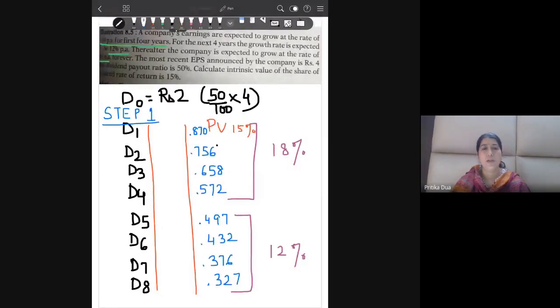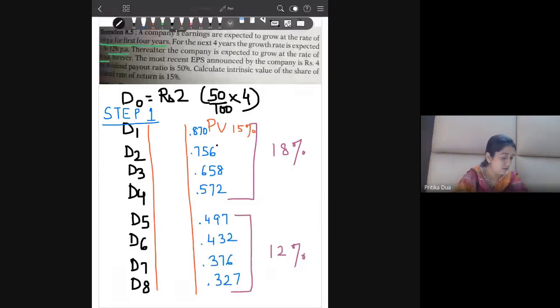Or just put the answer for step 1, the sum total of present values. Then we can cross check the answer. Okay, one is solved.